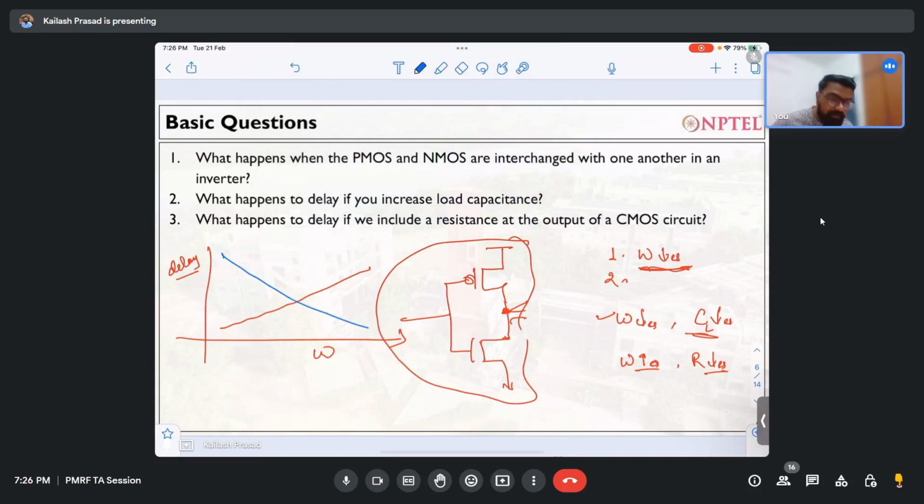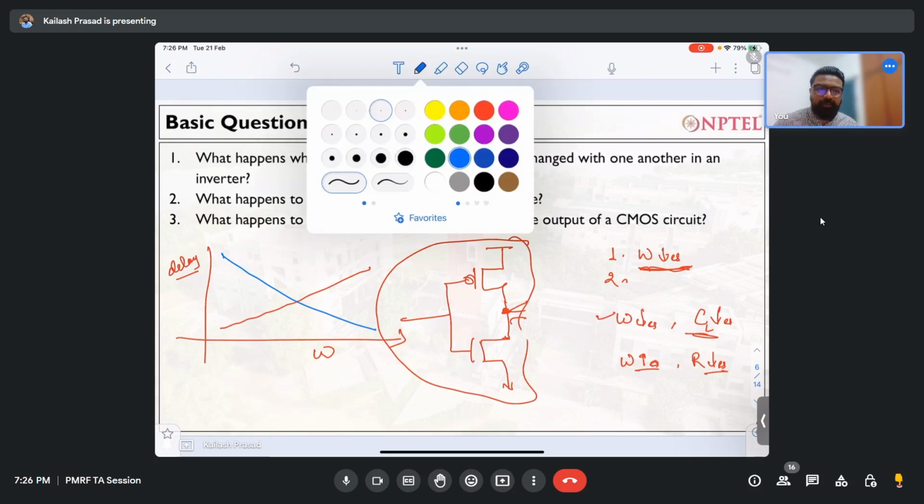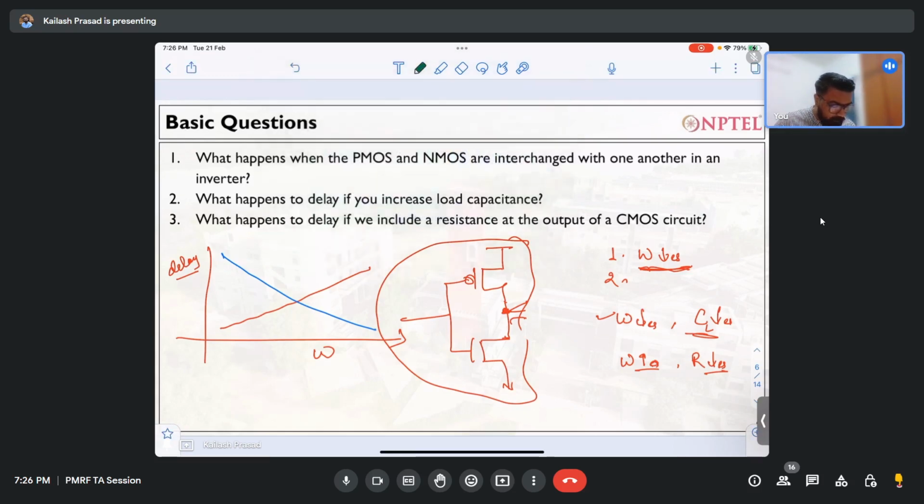The resistance will decrease, right? What will happen to delay? Because delay is tau equal to RC, the delay will be like this, and there will be an optimum W where the time is optimum.